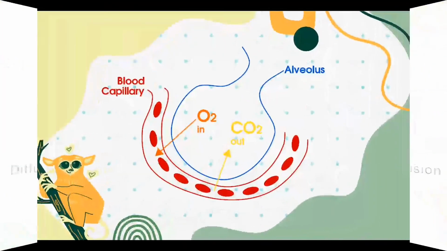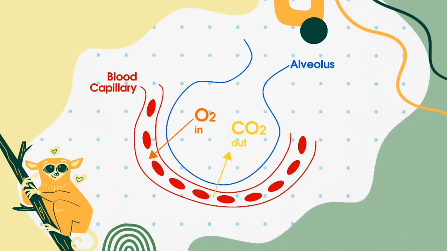The third example talks about the absorption of a gas, oxygen, in the alveoli. Alveoli are the air sacs. When the lungs take in oxygen, it is stored in the air sacs, the alveoli.